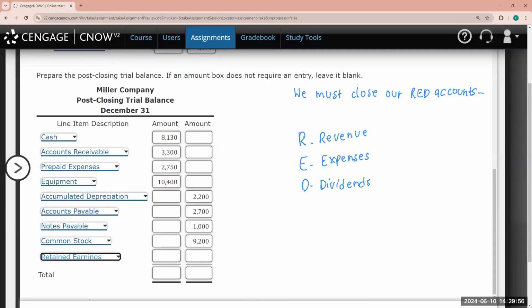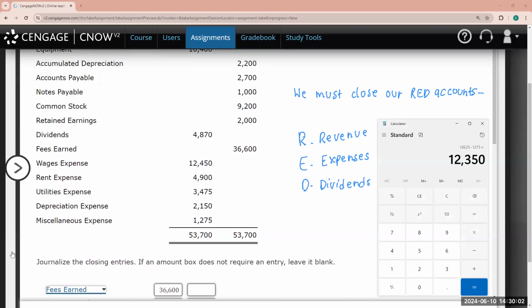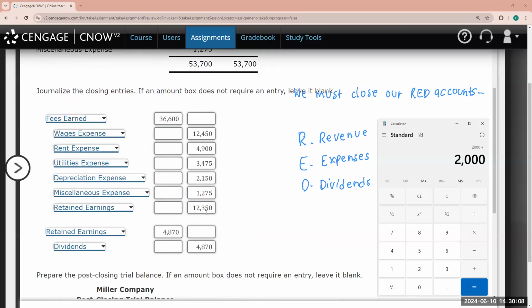We start off with our beginning balance in retained earnings, which was $2,000. From there, we add the increase, which was our net income of $12,350. And then from there, we subtract the dividends of $4,870.